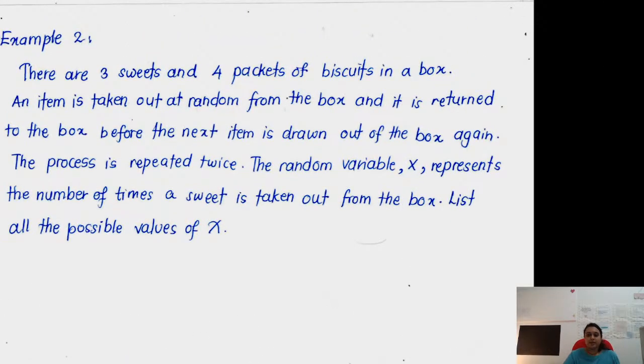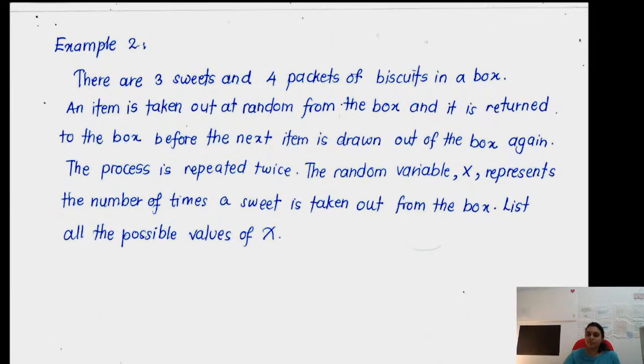There are 3 sweets and 4 packets of biscuits in a box. So there's a box, got 3 sweets, got 4 packets. An item is taken out at random from the box and it's returned to the box before the next item is drawn out of the box.